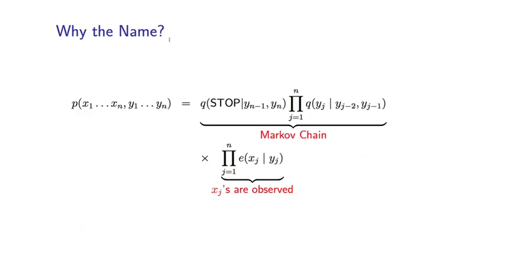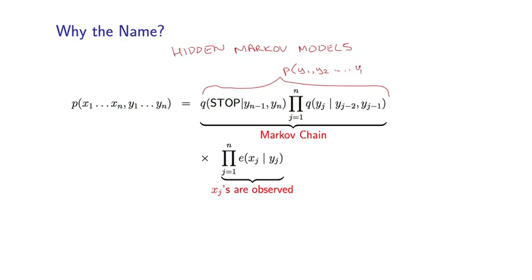So remember, the name of these models is hidden Markov models. Let's think a little bit about why they get this name. It'll also help us develop a little more intuition for these models. This product of q terms is essentially a prior probability over tag sequences.